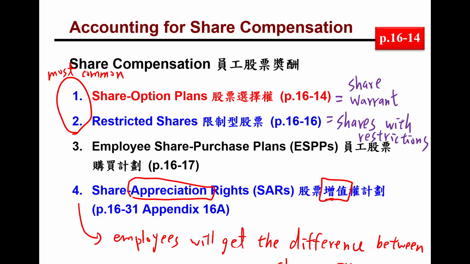Okay. So for example, if your company share price goes from 7 to 10, so means what? Employees will get $3.